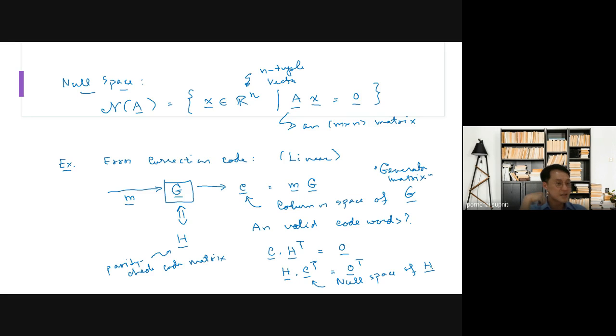And what is important in terms of the use of the null space? This is the last slide.